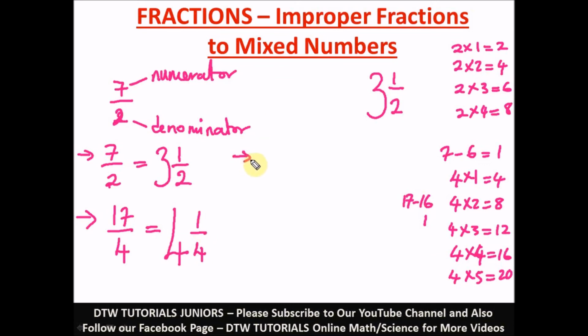Okay, now let's try another. Let's say we're told to convert this 49 over 15. Okay, I'm sure this will be tough for you. Why? Because you might not know the multiplication tables of 15. But from here, we can easily find out how many times 15 would go in 49. Can't we? Okay, let's try. How many times do you think it would go? We say it will first of all go 1 time, that's 15.